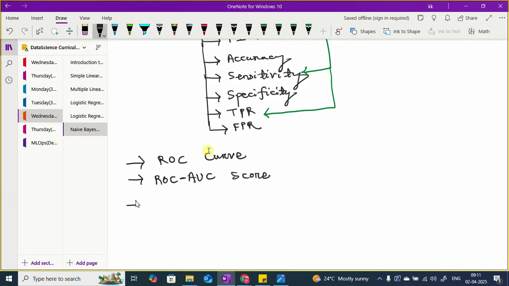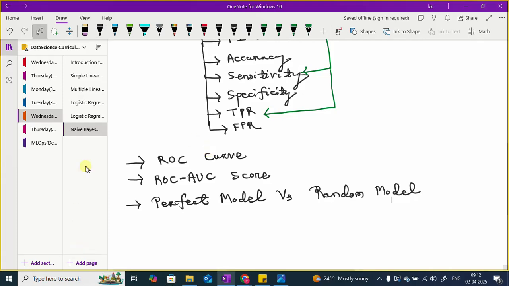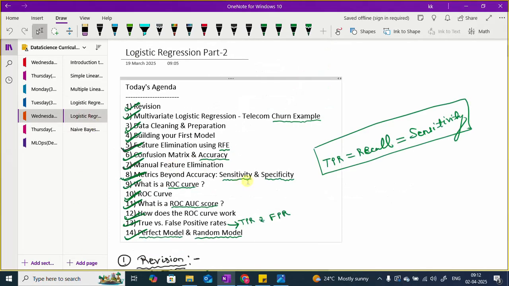Then based upon this AUC score, we'll decide whether that particular model is a perfect model versus a random model, right? Able to recall? Let me quickly open the last class handwritten notes of what I have covered, right?